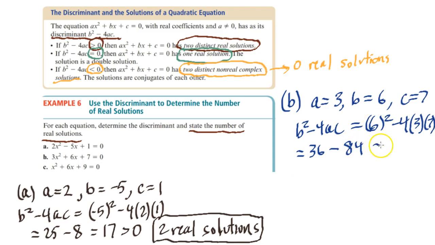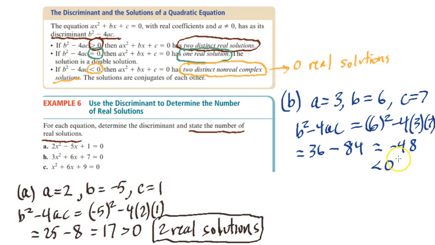And 36 minus 84 is, trying to do that in my head, negative 48, I believe. Either way, we can clearly see that 36 minus 84 is less than 0. It's a negative solution.